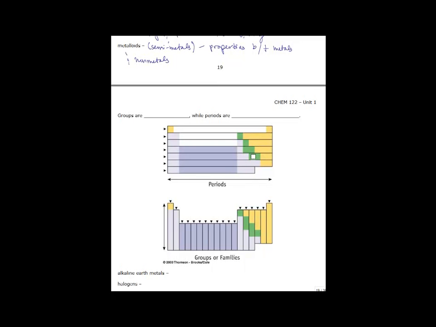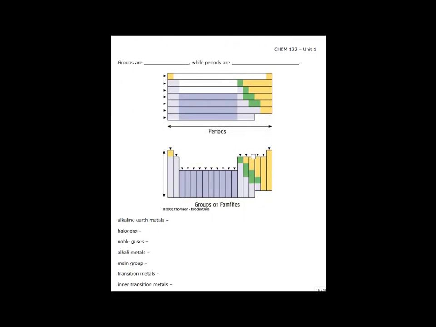So I have two pictures here. Groups or families are vertical, while periods are horizontal.